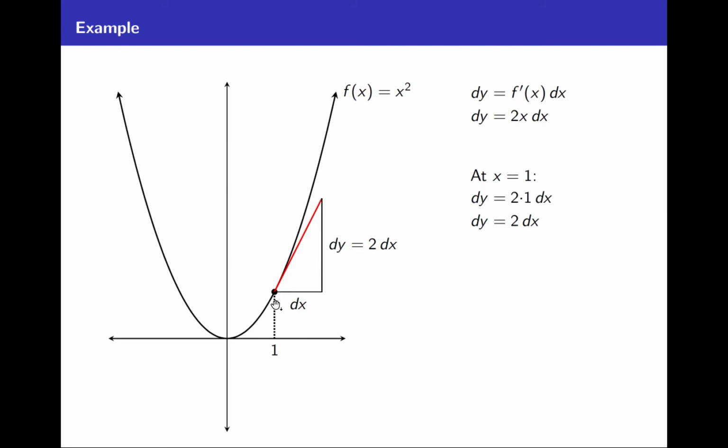Here's x equals 1, and here's our triangle with a run of dx and a rise of dy. And the equation dy equals 2 times dx is just saying that the rise of this triangle is just twice what the run is, which makes sense because the slope there is f prime of 1, which is 2. So you can imagine in this picture, dx could get bigger, the triangle would get bigger. The vertical side is just twice the horizontal side.